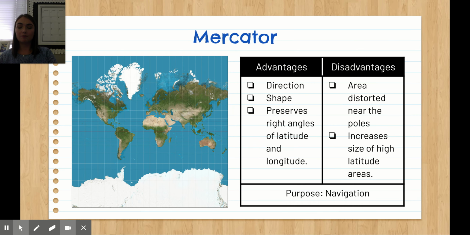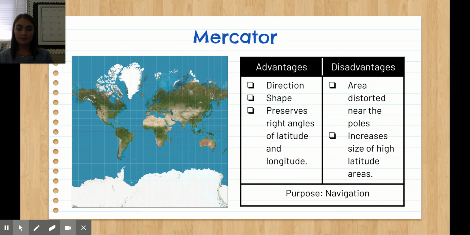The first one is a Mercator projection. And this is a pretty popular one. It's used for navigation because the direction is always constant. So the direction in this map projection isn't distorted. The shapes of things are not distorted.